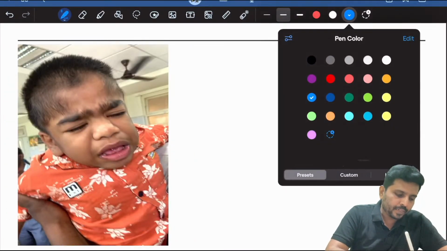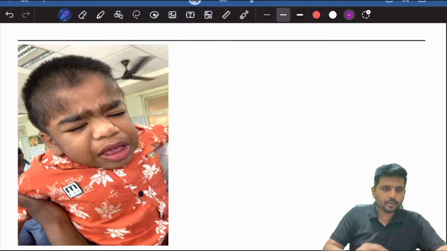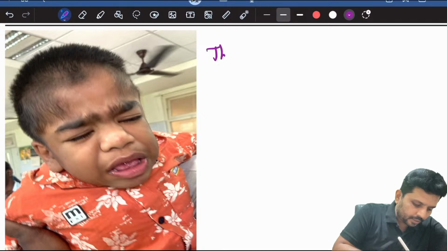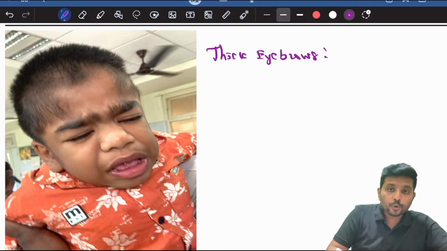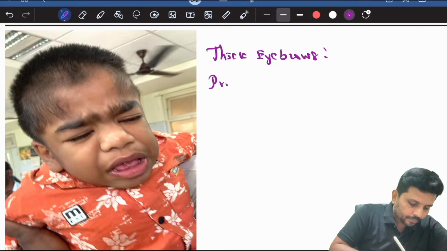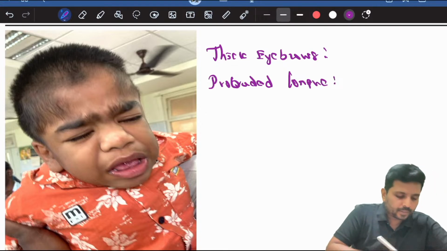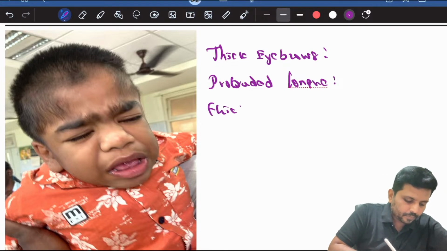Then comes your, what is this? Thick eyebrows. Look at this, he has got thick eyebrows. Protruded tongue. This guy has got protruded tongue. Thick lips.